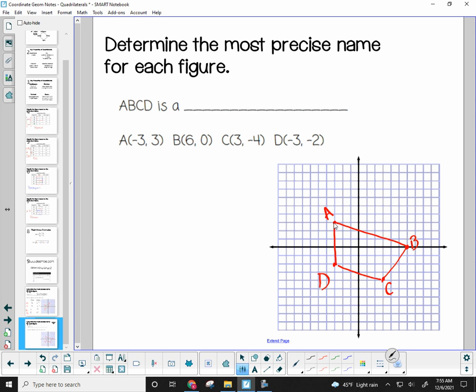Okay, so I'm going to build my table. We have AB and CD together, and then we have BC and AD together. We need the slope and we need the length.